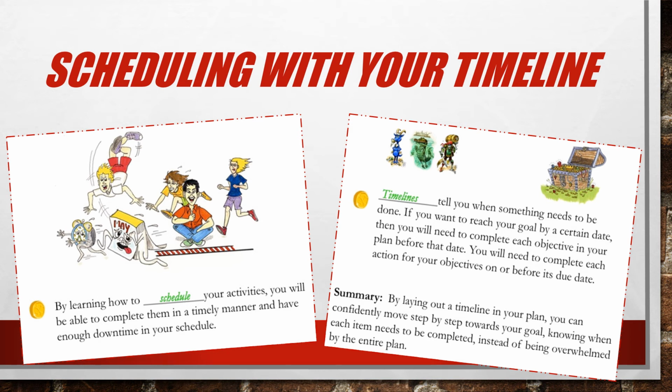How am I ever going to be able to run a mile in 8 minutes, right? That is something that just seems overwhelming sometimes. But if we can set our timelines, if we can schedule out our objectives, schedule out our actions, it seems so much easier. It seems like something that we can achieve, and you truly can by taking it step by step. That's why timelines are so crucial.